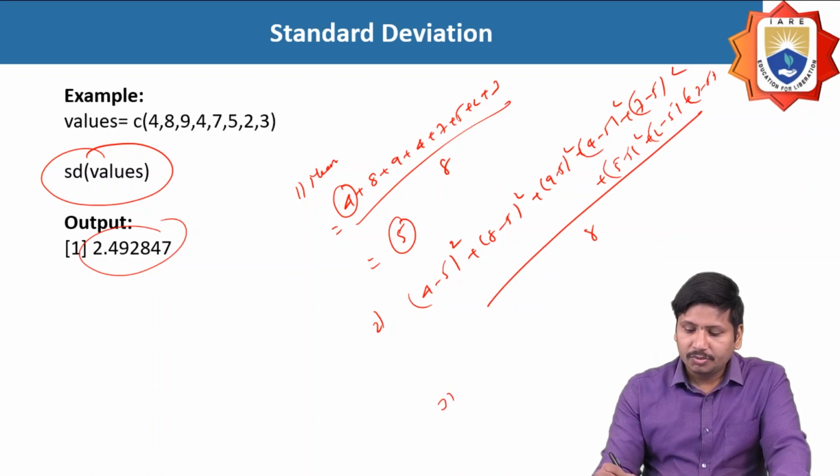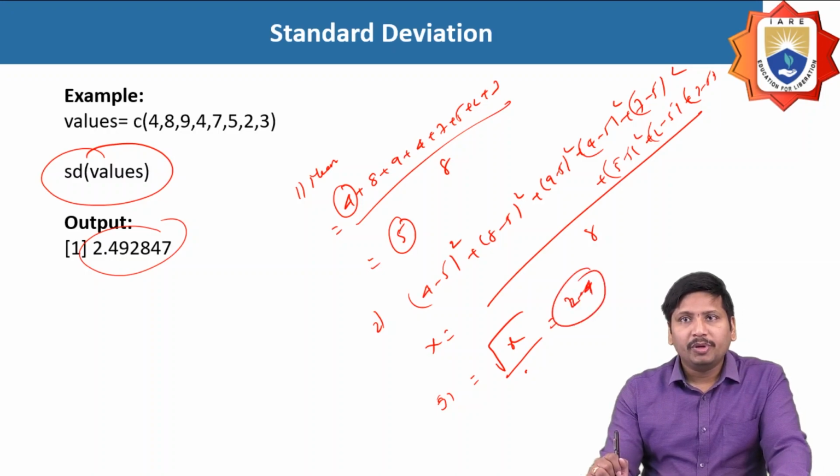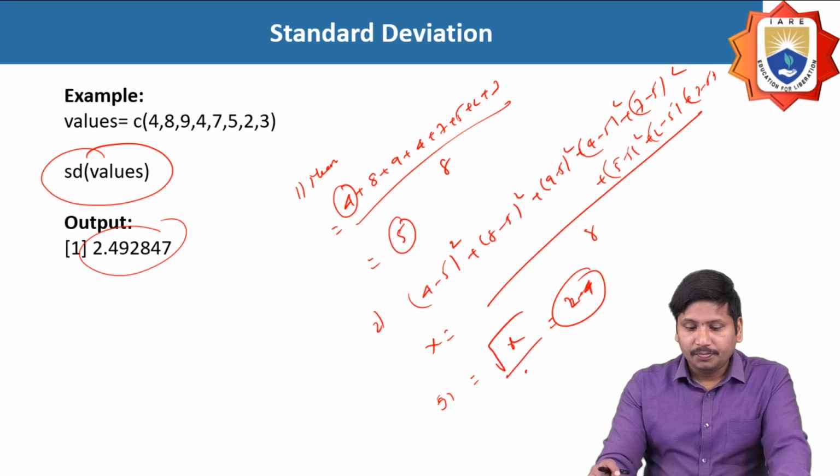In the third step, if that result is x, we apply the square root of x. That should be the standard deviation value, let's suppose 2.4. Like this, I calculate the standard deviation.